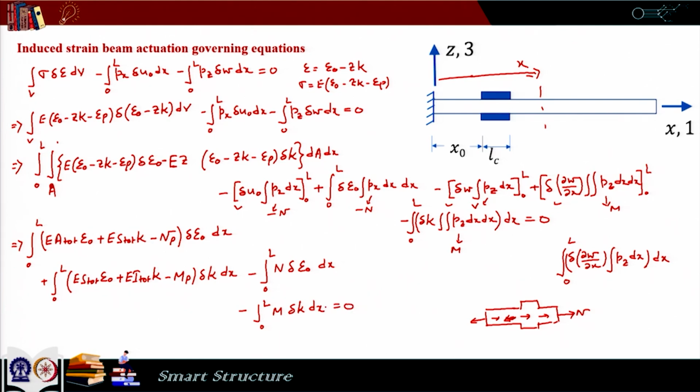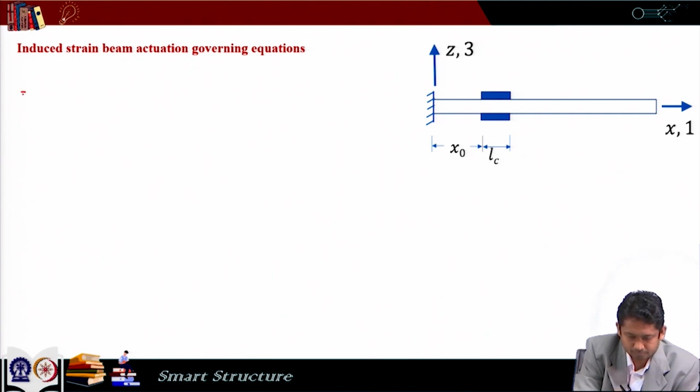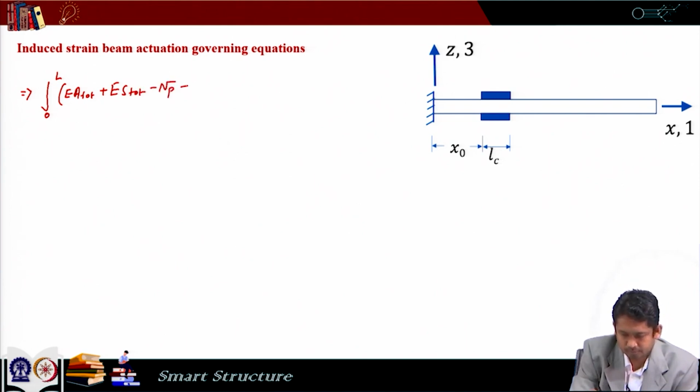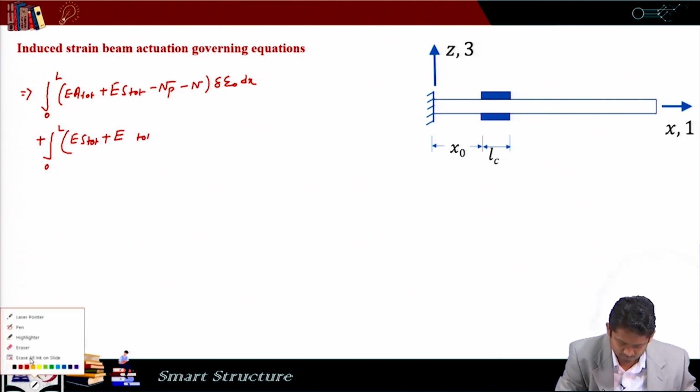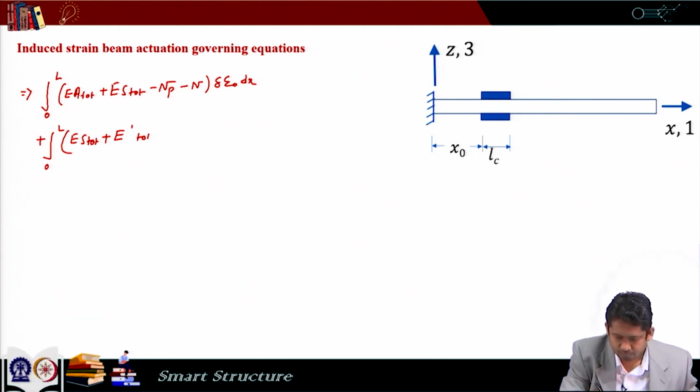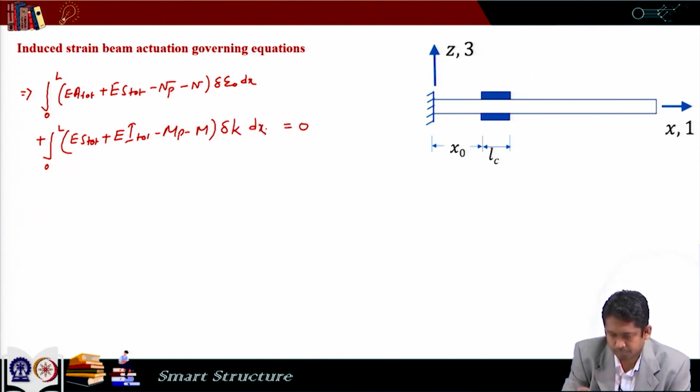Now, we can again rewrite this as plus, this is E I. Now, we know that this del epsilon 0 and delta kappa are independent variations.